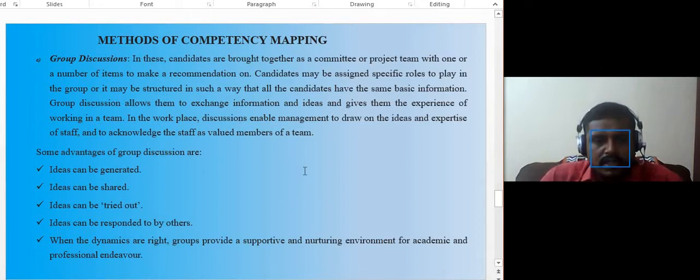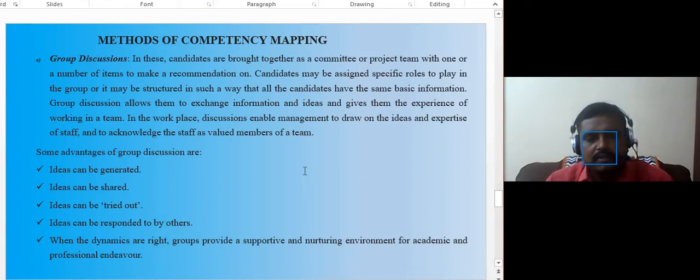The group discussion allows them to exchange information and ideas and gives them the experience of working in a team. In the workplace, discussions enable management to draw on the ideas and expertise of staff and to acknowledge the staff as valued members of a team.